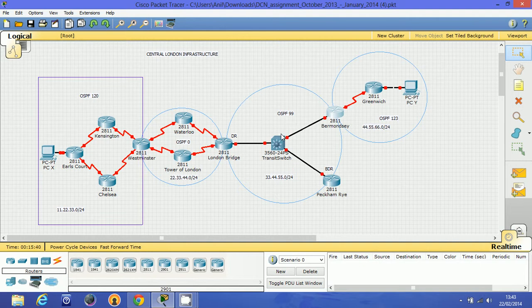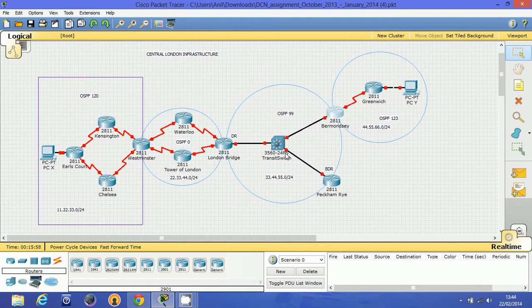I think I've now let you know that the area through which the virtual link passes is called the transit area.